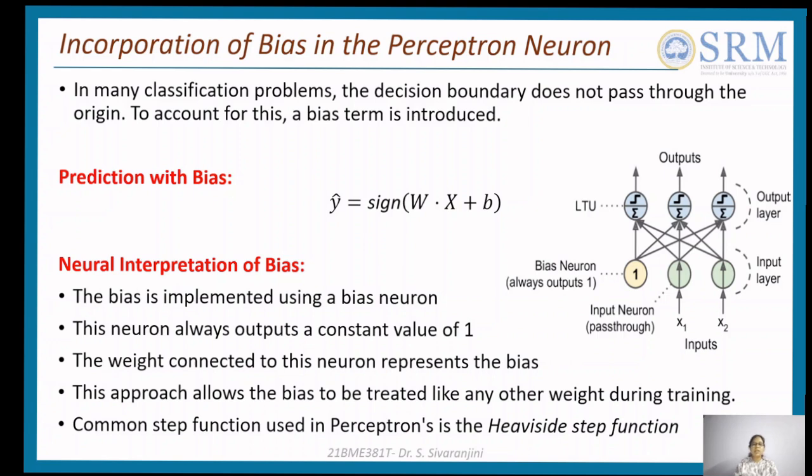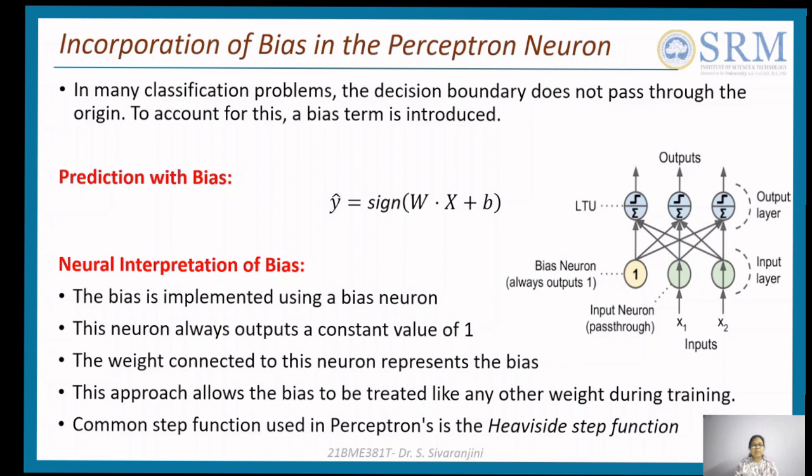Because if the inputs are 0 by some means, the bias term, which will always be 1, is given to the network so that the output does not become 0 and some constant value is given as the output, right? This approach allows the bias to be treated like any other weight during the training phase of the network.